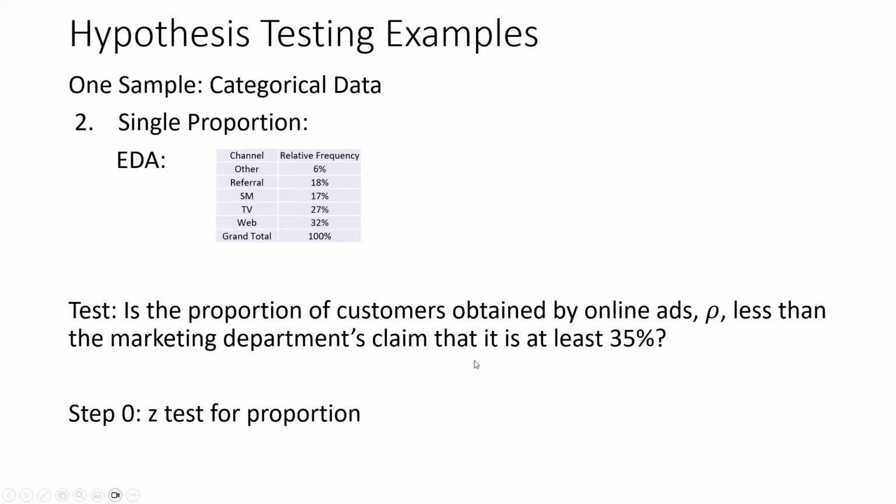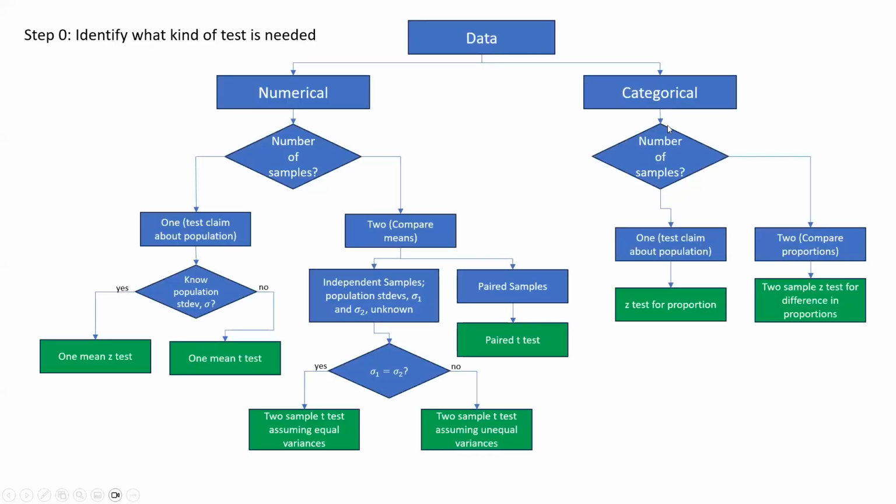So this is one proportion that we want to compare with this number that is somehow relevant to the business question at hand. The marketing department is making decisions thinking that they're getting at least 35% of the customers through online ads. So for this, we go back to our flow chart. It's one proportion that we want to test a claim about, and so that's going to be a z-test for proportion.